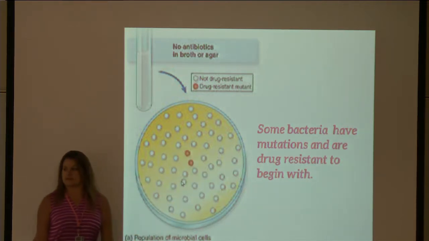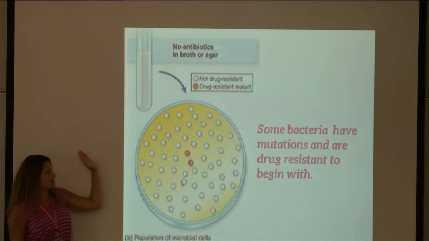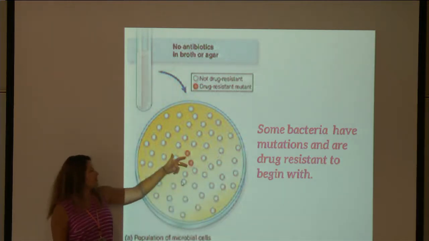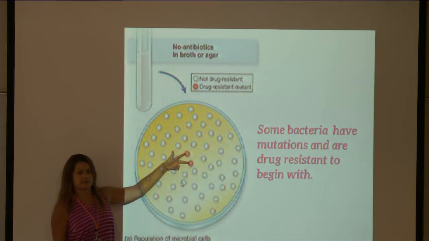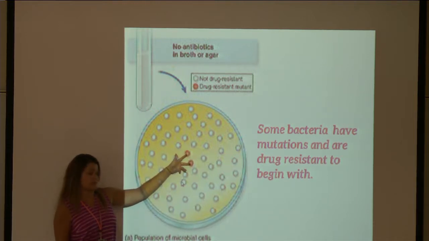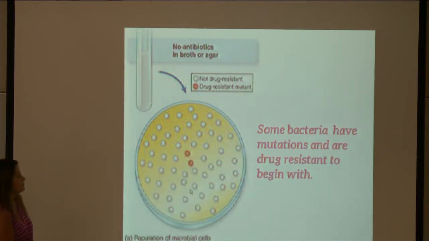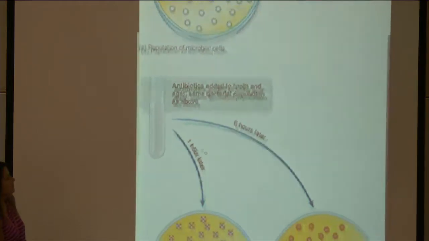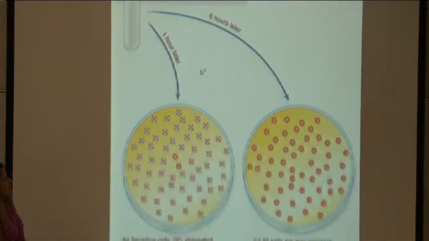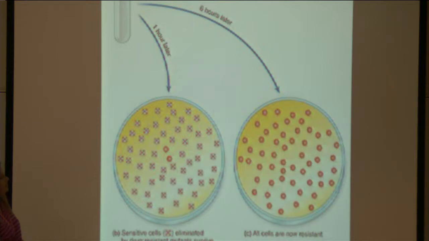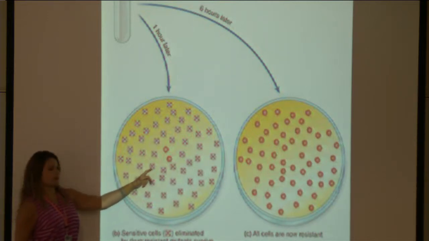What happens when you administer an antibiotic? Well, it wipes out all these white colored colonies. These 2 are not affected because they're resistant, and then they will grow like crazy. So here, you add the antibiotic, and what starts to happen immediately, these are X's through the white ones.